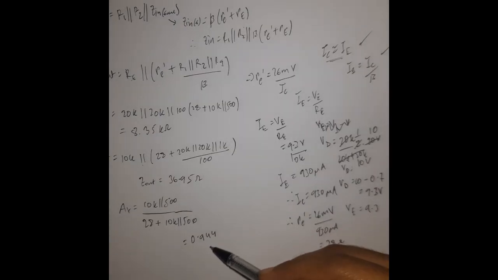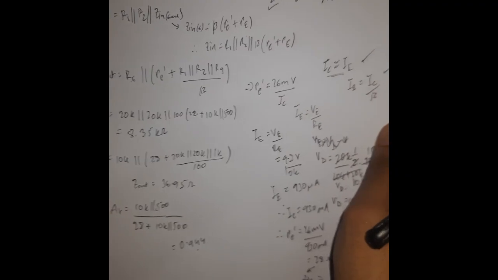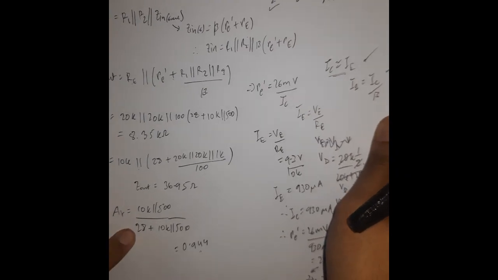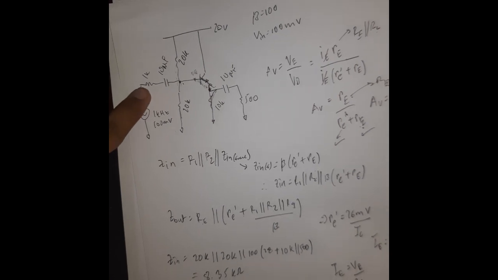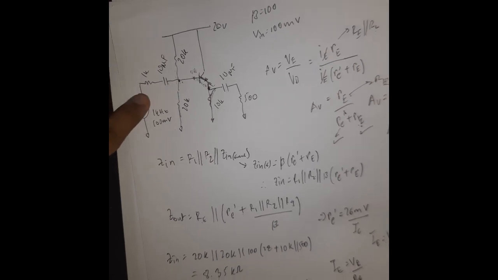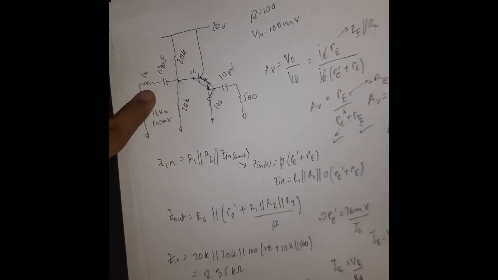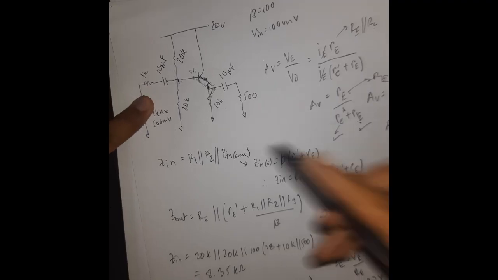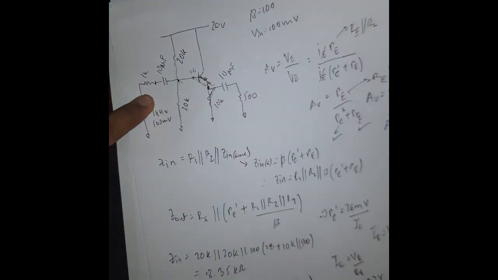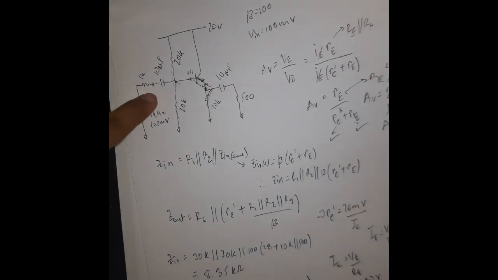Now you might think this is the actual gain, but this is not the actual gain, because in this equation we neglected the 1 kilo ohm at the source side. Because of this 1 kilo ohm, our gain will be reduced. So at this region, we need to find the divider gain.